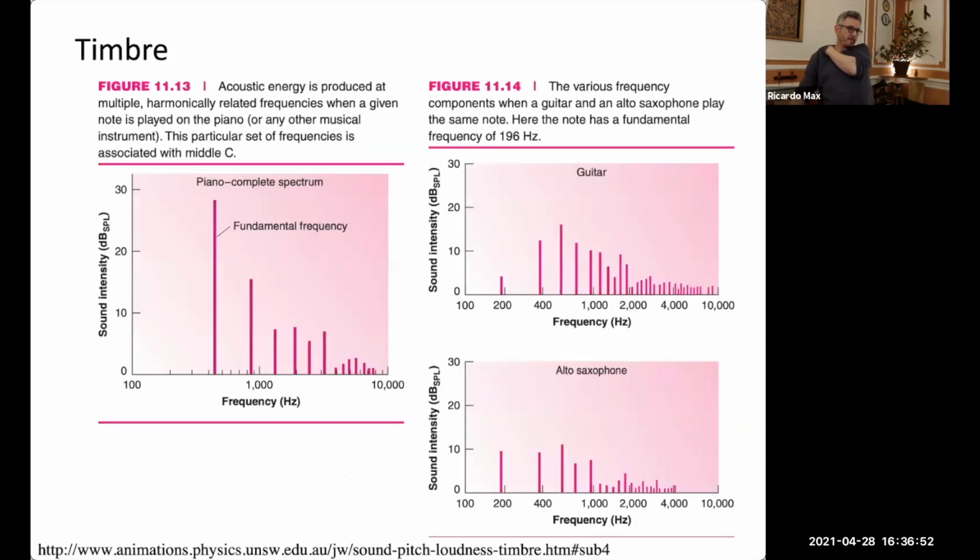And this is timbre. So here, what we have here is a guitar. This is the frequency analysis of a guitar playing a sound with 196 hertz, and a saxophone playing the same. We hear the same tone, the same note, but they sound completely different because they are comprised of different waves.